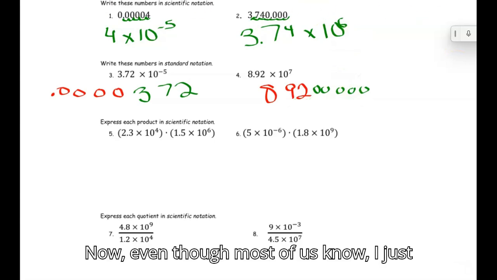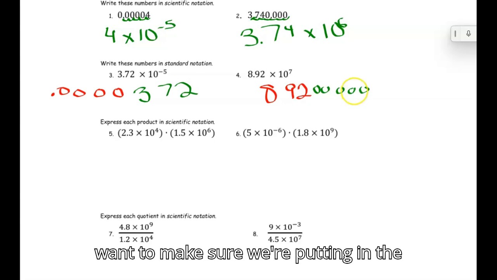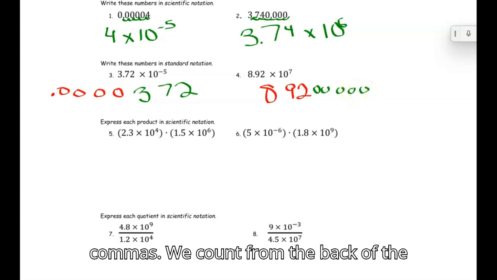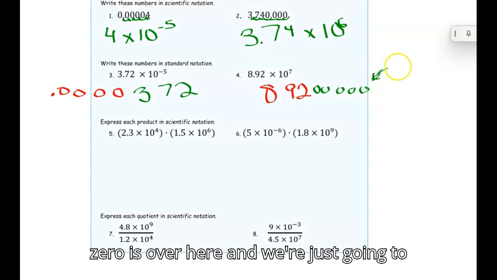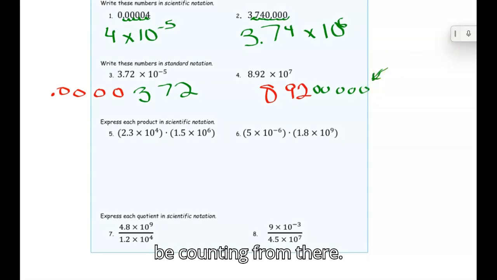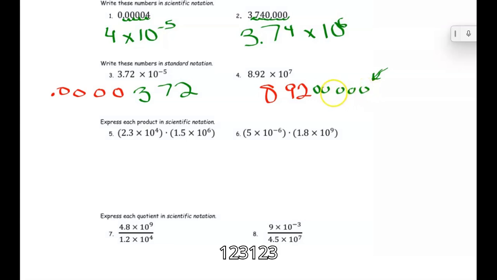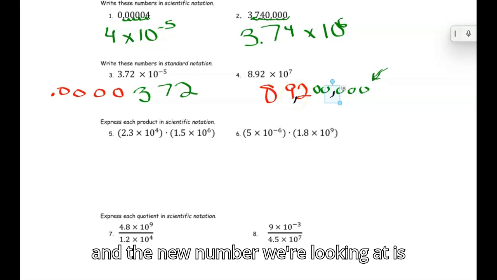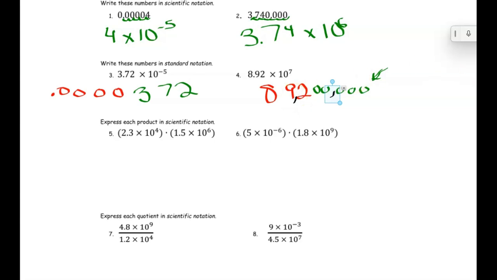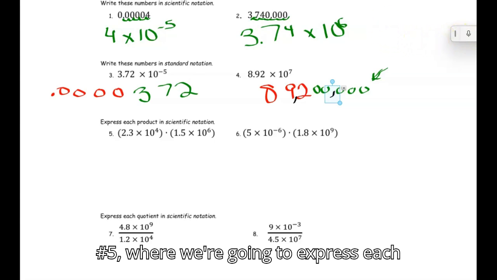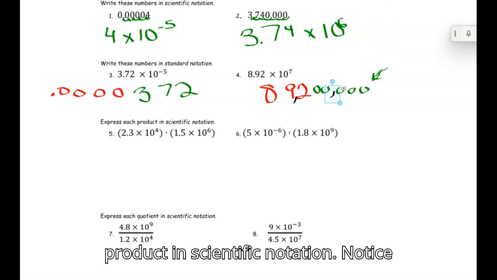Now, even though most of us know it, I just want to make sure when we're putting in the commas, we count from the back of the number. So I'm starting from where this 0 is over here, and we're just going to be counting from there. 1, 2, 3, 1, 2, 3, and the new number we're looking at is 89,200,000. Now on to question number 5, where we're going to express each product in scientific notation.